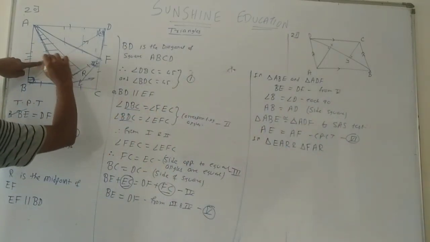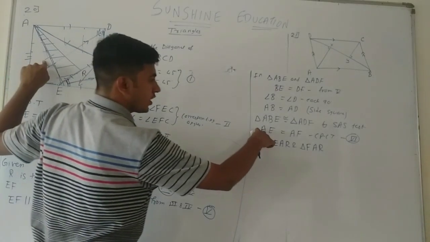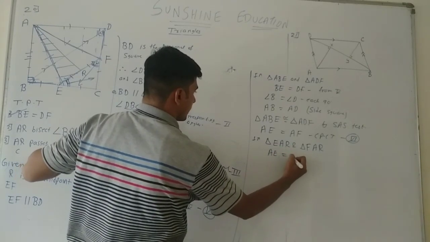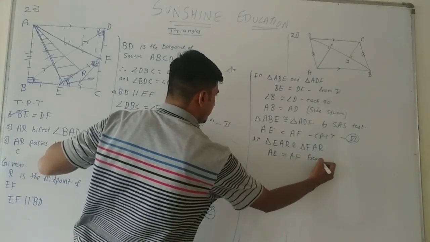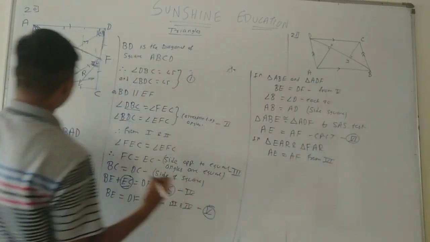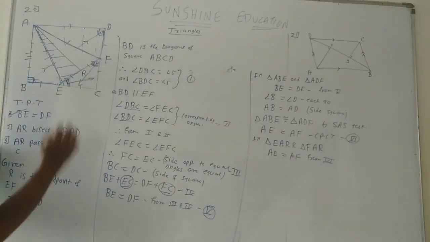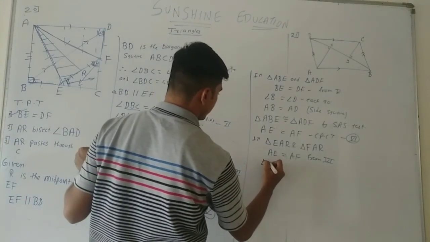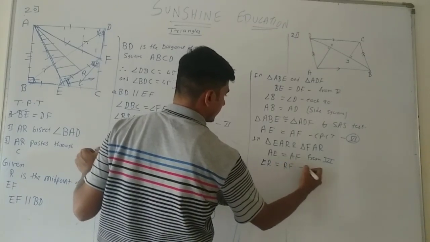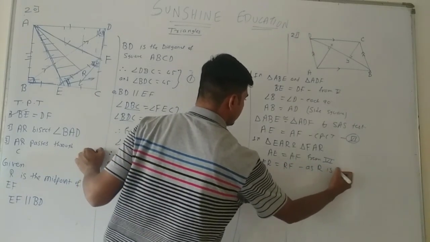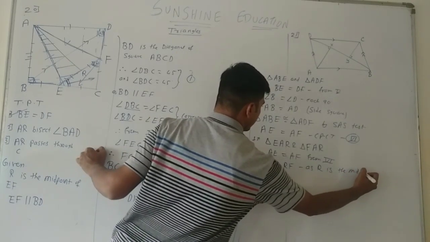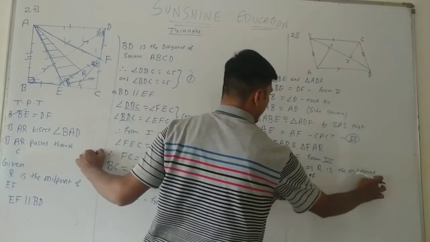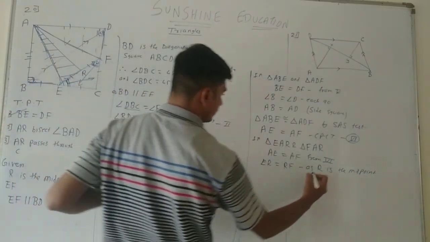So I can say that EA is equal to AF from 6. We know that ER is equal to RF, as R is the midpoint of EF.